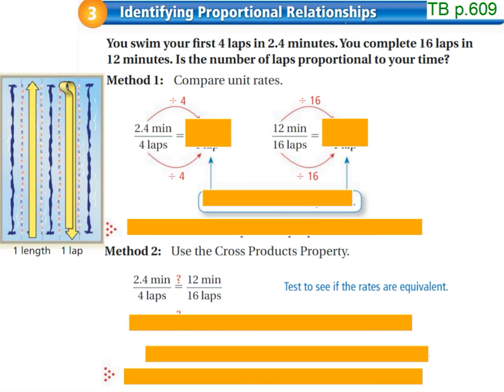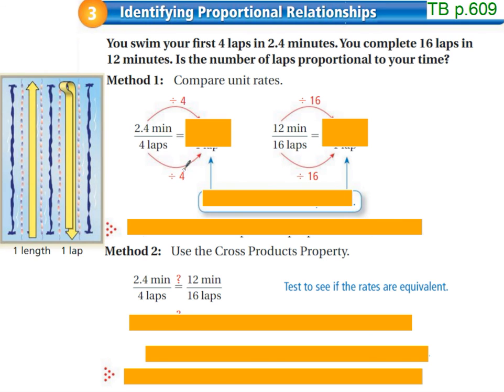Okay, let's take a look at one final example. Real life situation here. You swim your first 4 laps in 2 4/10 minutes. You complete 16 laps in 12 minutes. Is the number of laps proportional to your time? So the first way we can do it is compare unit rates.